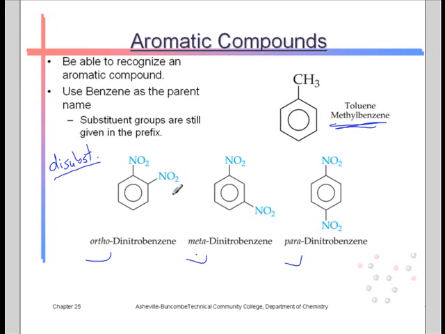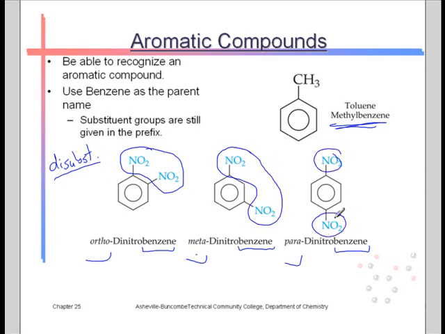That's the one I'm going to stick with here. And notice the breakdown here. For all of the aromatic compounds we're going to use, benzene is the parent name that you're going to choose. And then, at that point, there's two issues. What substituent groups do I have? And how are they laid out around the molecule?